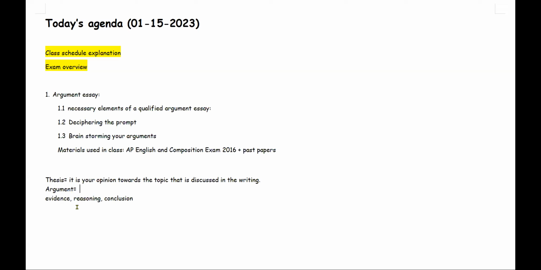So you're explaining. Arguments are your reasons that you hold such an opinion in your thesis statement. Basically, arguments are the reasons, like why.